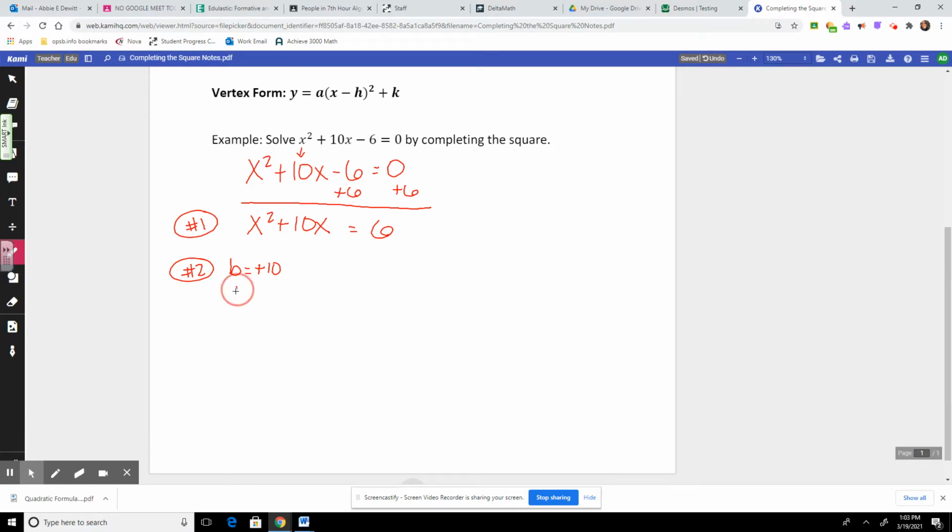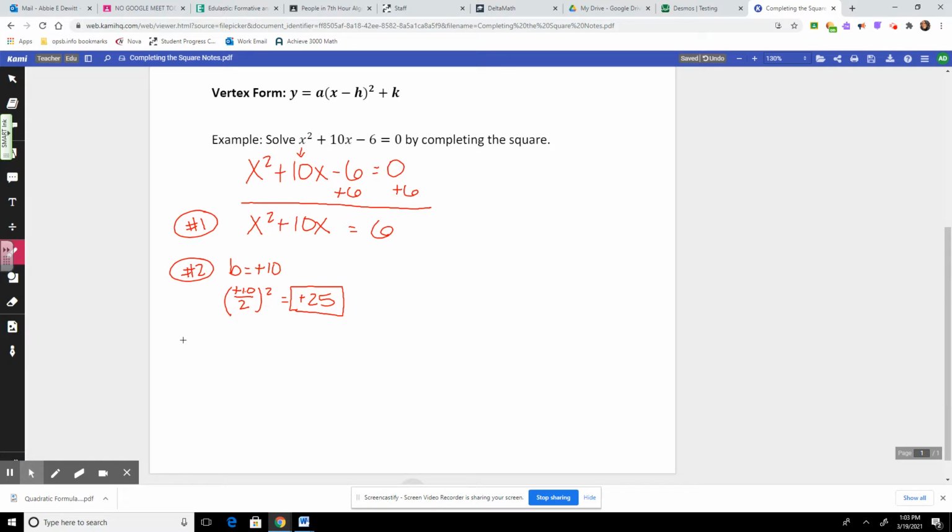So I'm going to take positive 10, divide by 2, and square. And what do I get when I divide 10 by 2? I get 5. And what is 5 squared? 5 times 5 is positive 25. So this is the value that I'm going to add to both sides of my equal sign.